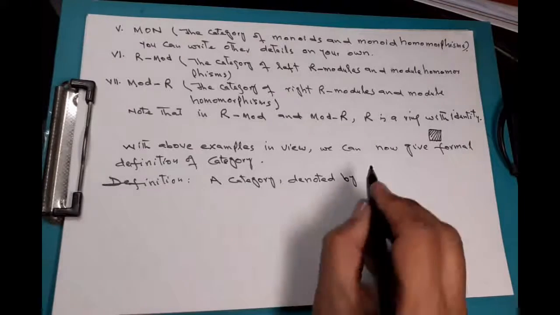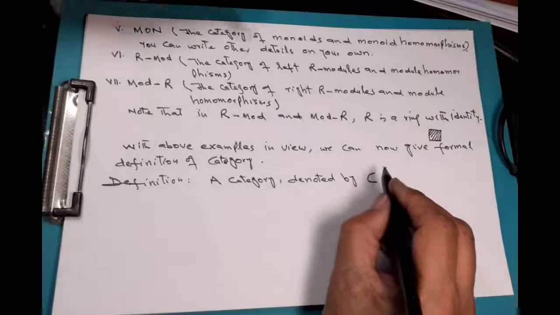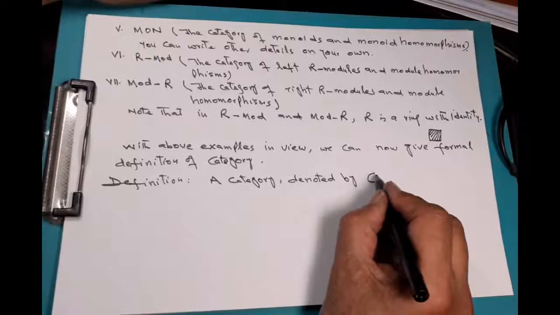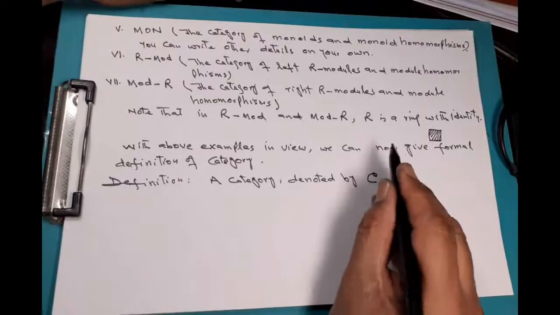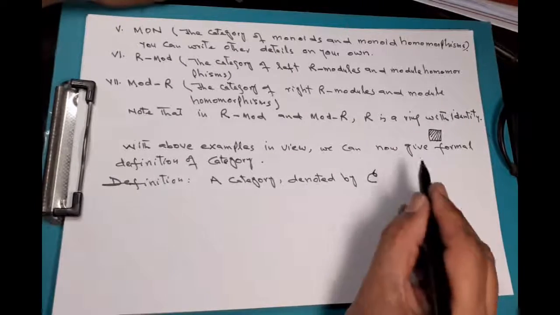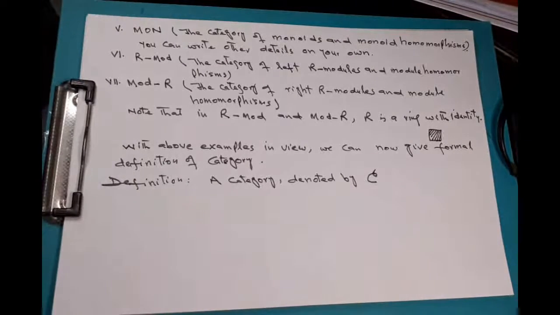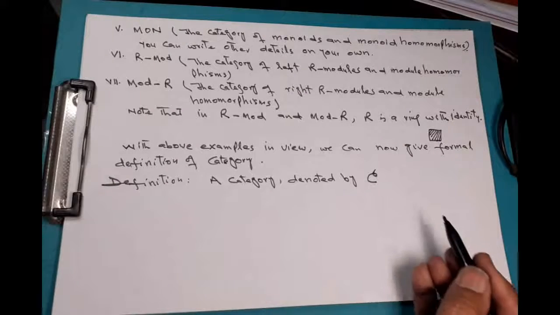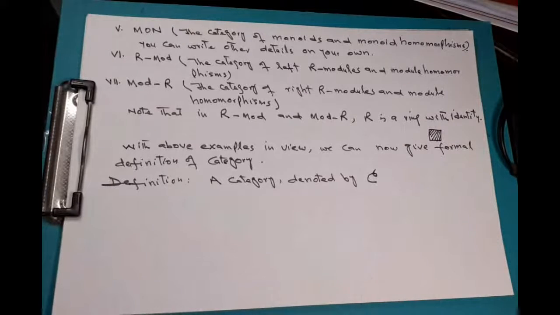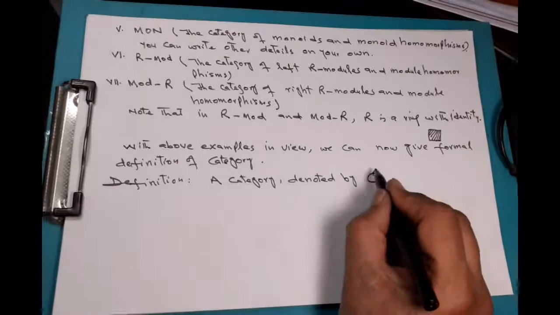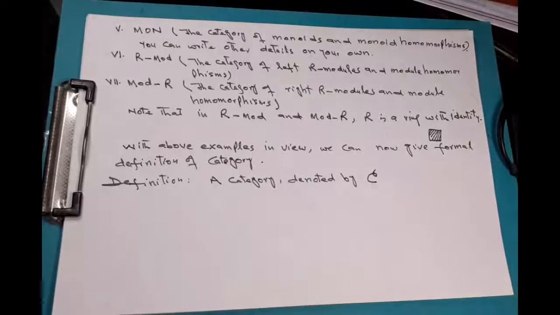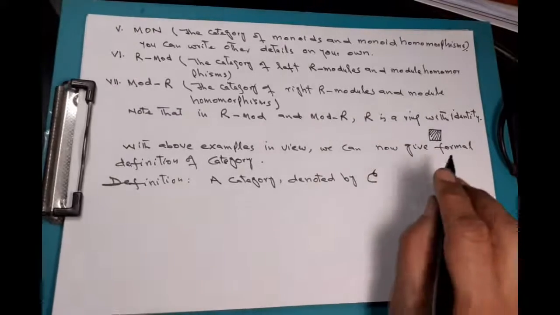And so we will make a little symbol like this. This is not E, this is C. Just a symbol we have designed on our own. If you like, you can make some other symbol, but anyway, I will write the category C with this particular symbol.